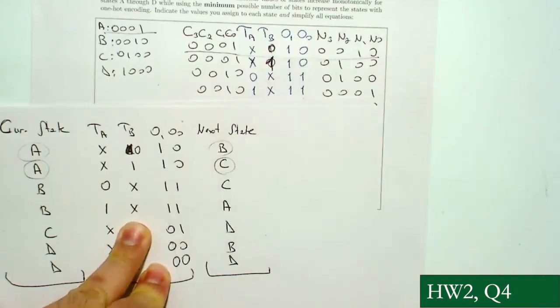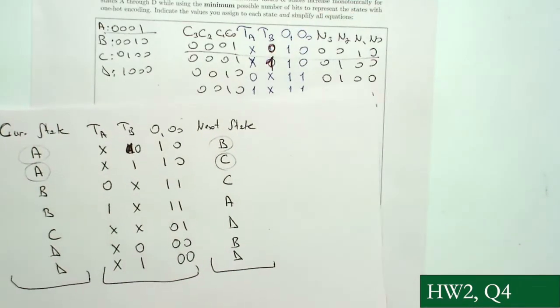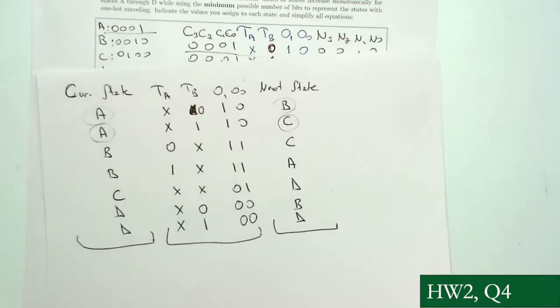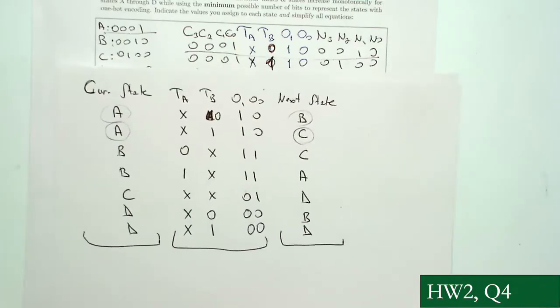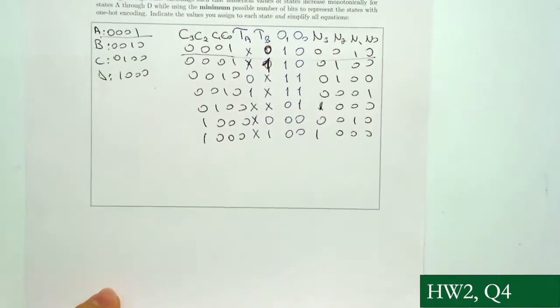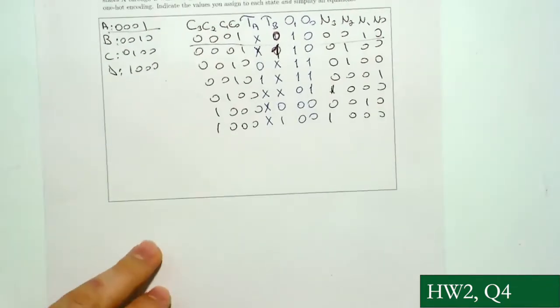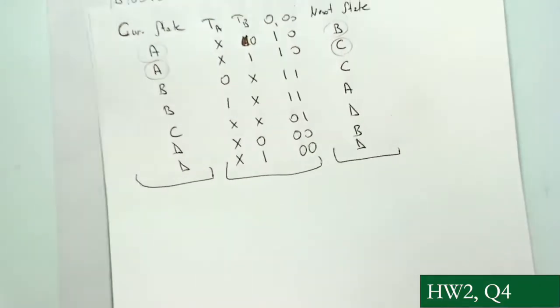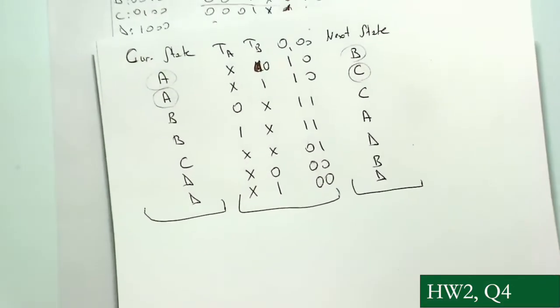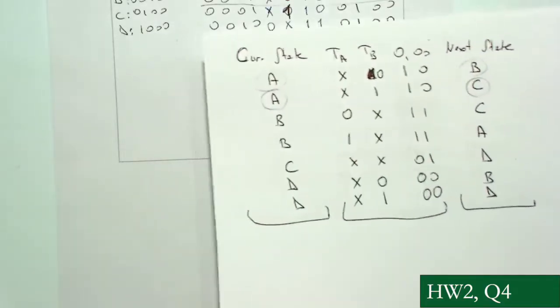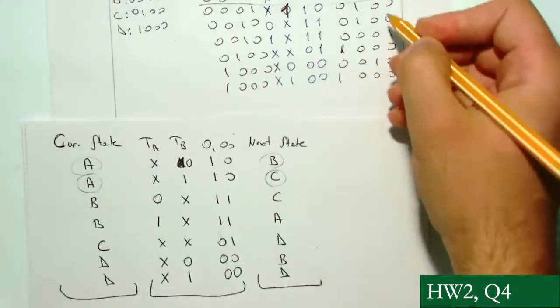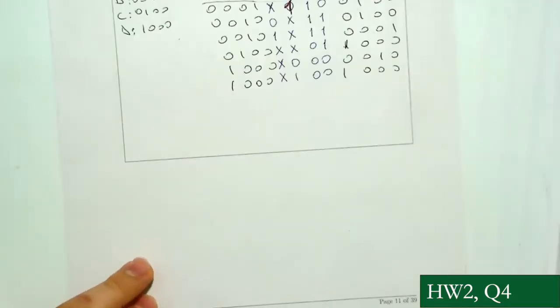Yes, that's true. When TB is 0, I go to B, and when TB is 1, I go to C. Yeah, that's correct. Okay. So based on that, I'll write the next states and also the outputs, right? Yeah. C and B.